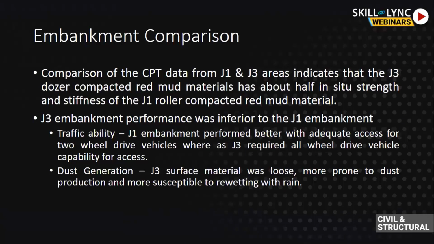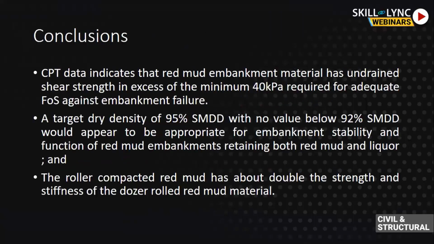Hence we can say that though in the same project two embankments were constructed using two different compaction methods, one method is superior to the other, although neither of the embankments failed due to the work done at the site.